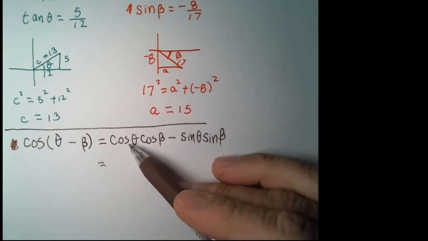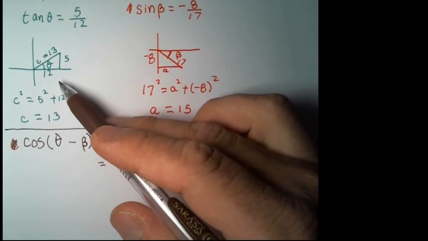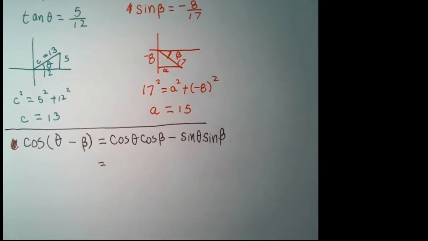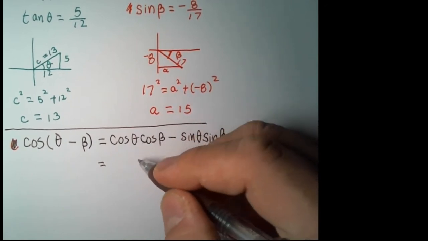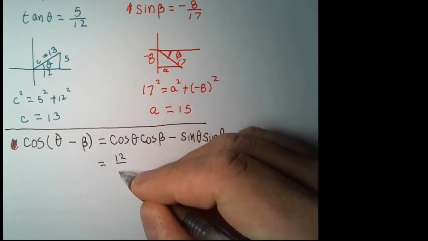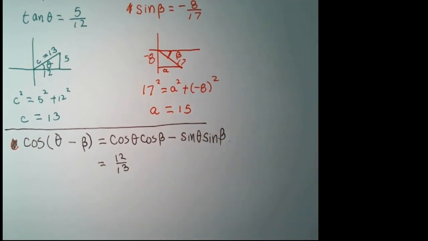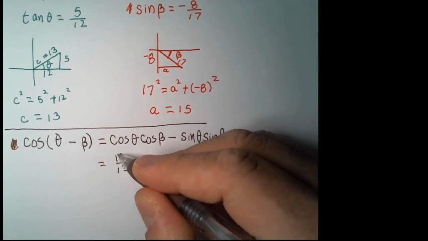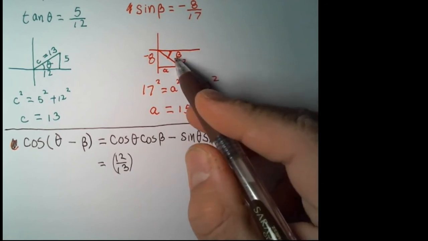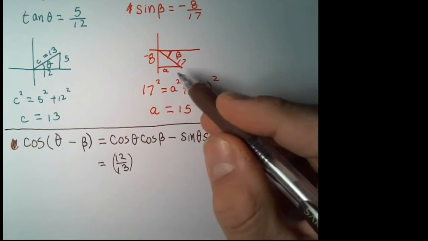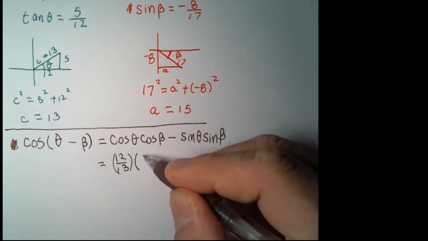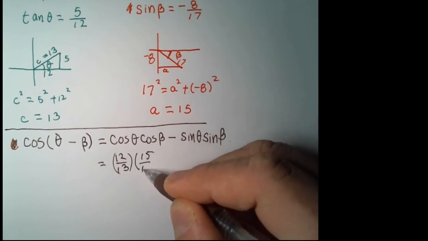Cosine of theta is 12 over 13, adjacent over the hypotenuse. Cosine of beta, the adjacent, is 15 over 17.